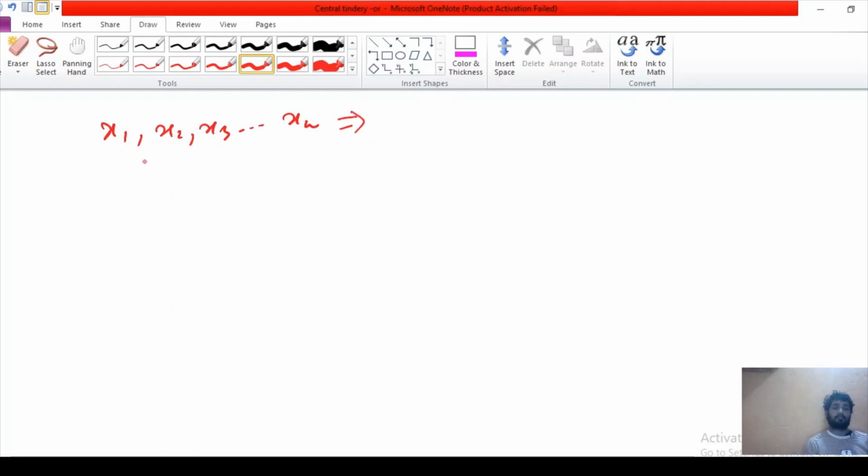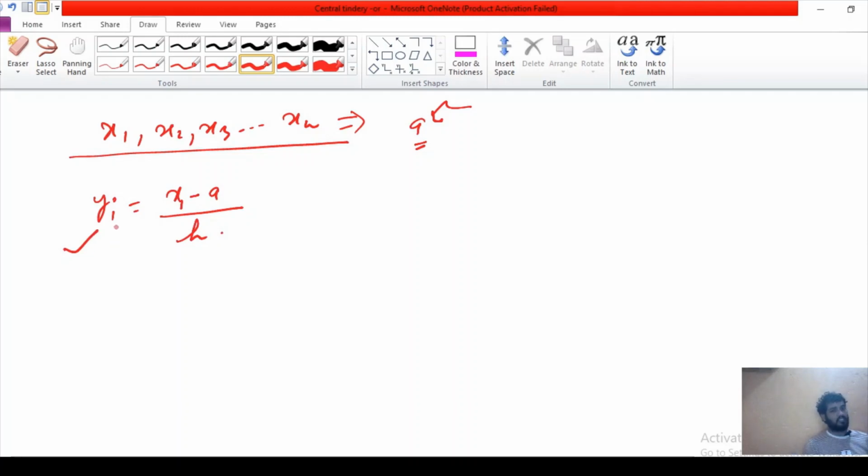Suppose its mean is a. Each observation is subtracted by a number, consider that number a, we can assume a is the mean of these observations, and divided by h. So we have new observations in terms of yi, so yi h plus a is equal to xi.